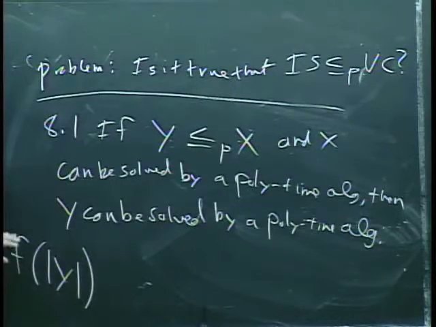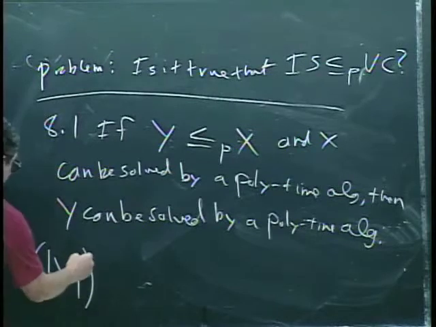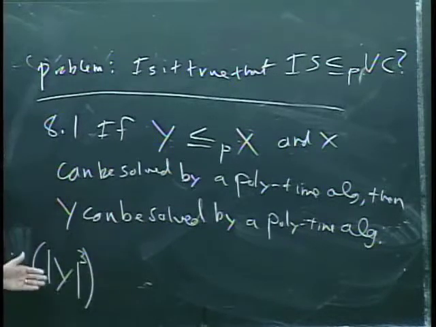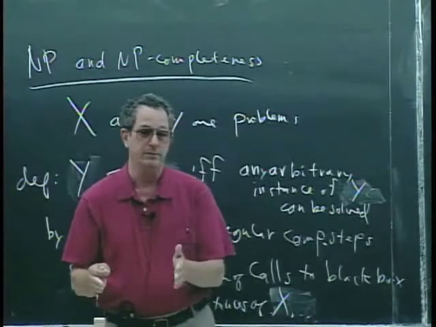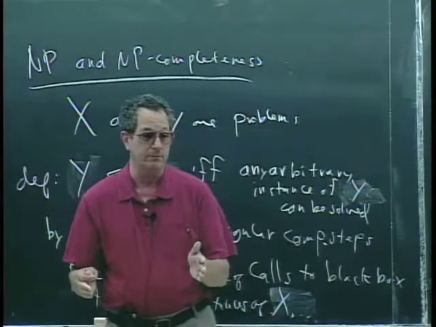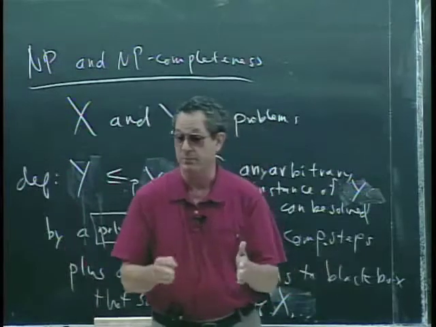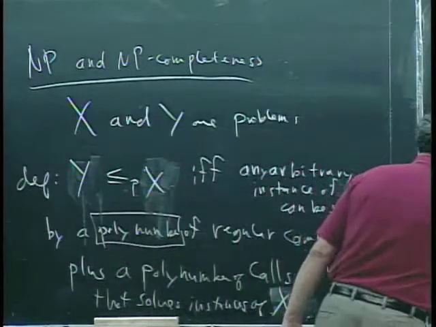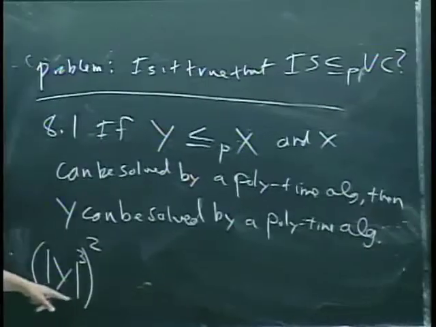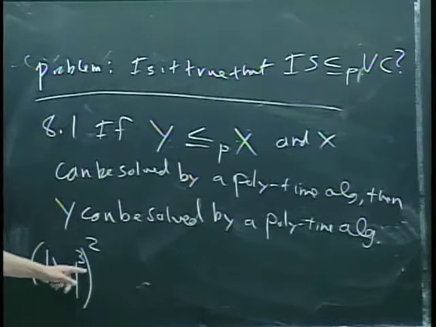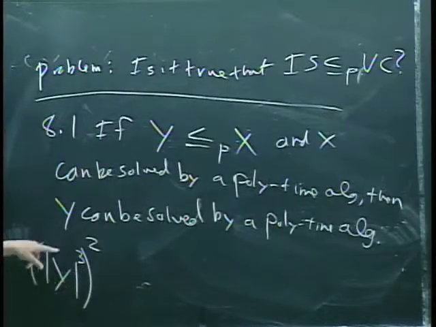So let me be completely concrete for you. Let's say I did cubic time to do the reduction, to set up the instances that are going to be fed into the black box for x. And let's say that the algorithm that can solve instances of x is a quadratic time algorithm. Okay? It's quadratic in its input size, but its input size is certainly no bigger than the time that was taken to set up the instance.